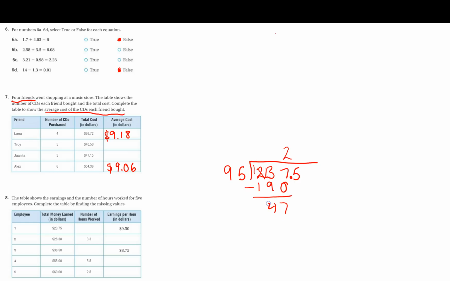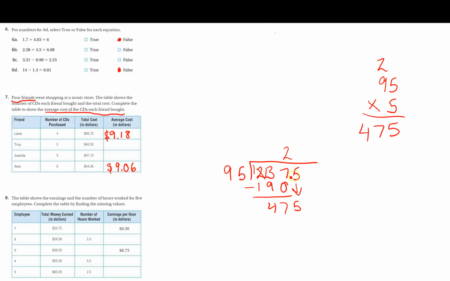Borrow 47. Okay, bring down. This is going to be about 4 times, maybe 5. So let's go ahead and try 5 and see if we get a number smaller than 475, or maybe we'll land right on it. 5 times 5 is 25, 45 plus 2, yeah, we land right on it.